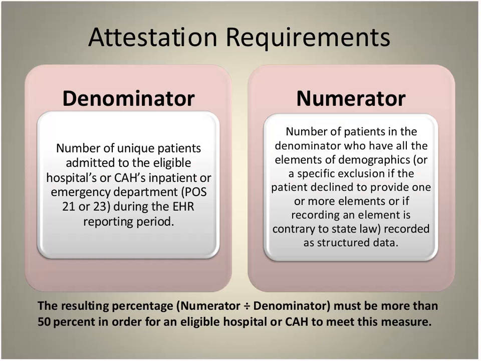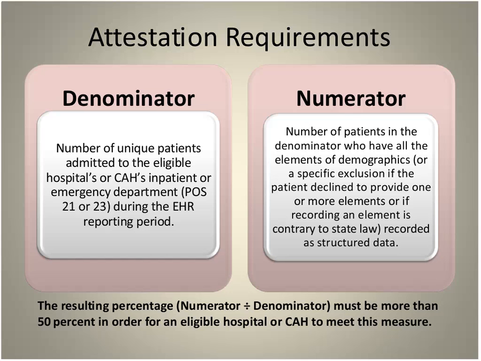So again, what are the attestation requirements? You'll actually have to submit the denominator number and the numerator number, specific values, to CMS when you attest or submit for funding after you have gone through your 90-day reporting period in the first year. And what you're doing is number of unique patients admitted to the hospital or seen in the emergency department if you're using observation services, etc., during the reporting period.